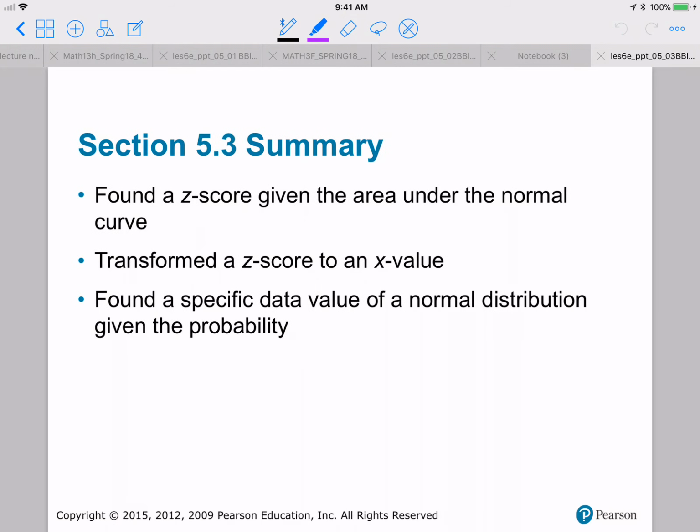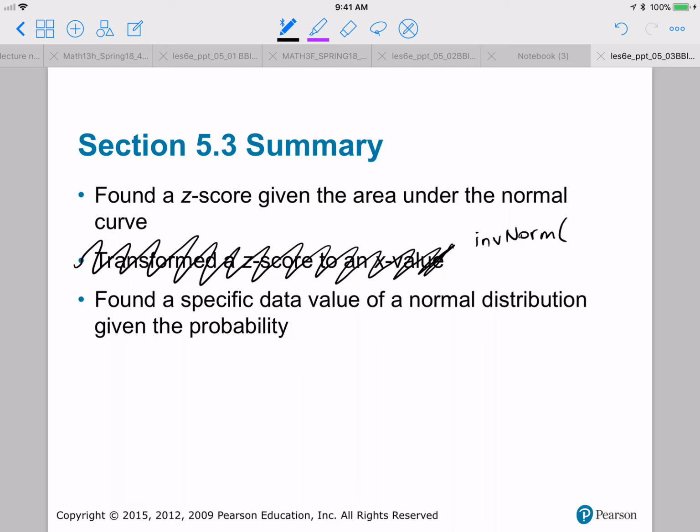There we go. So in summary, number one, we don't have to transform the z-scores. The reason we don't is because with inverse norm, you've got your cumulative area, your mean, and your standard deviation.